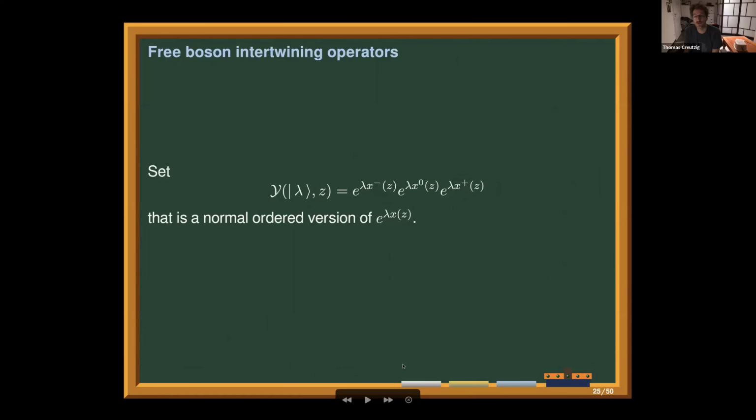And you always know, if creation operators are to the right of annihilation operators, then divergences will arise. So if you do that too naively, then you have problems. And so that means you define e to the lambda x in a normally ordered way.